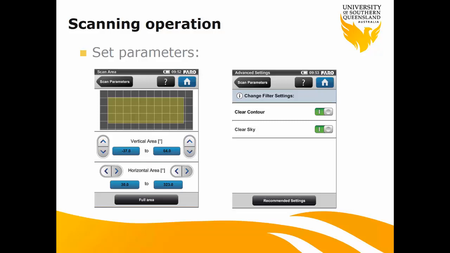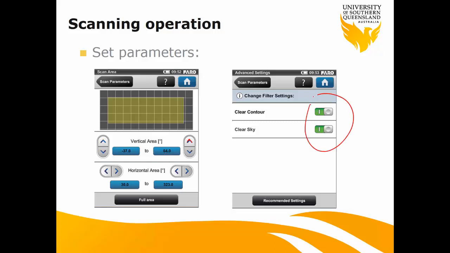Different laser scanners have different default settings for the vertical scanning area, and you can change this setting. For example, if I don't want to scan the full 360 degrees horizontally, you can change this one by pressing this to increase one degree at a time, or you can press that one to get a keyboard on the screen, so you can enter a scanning range.